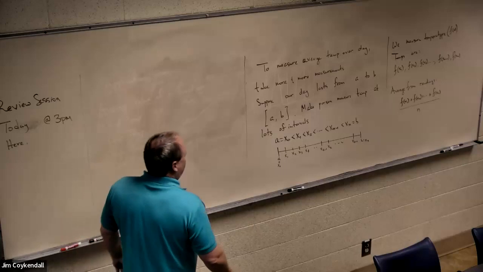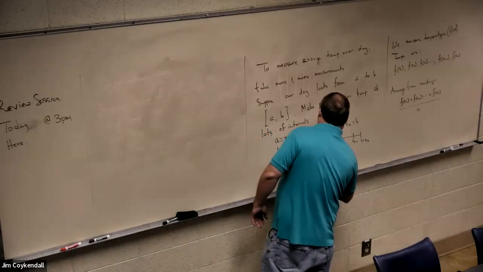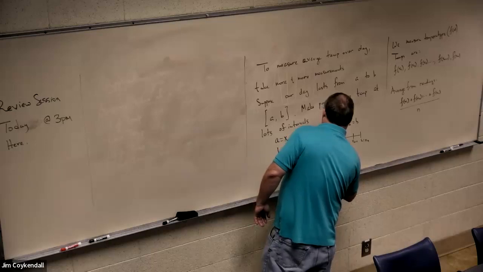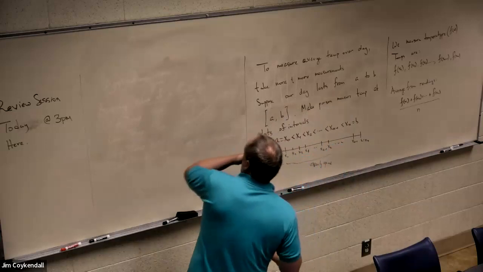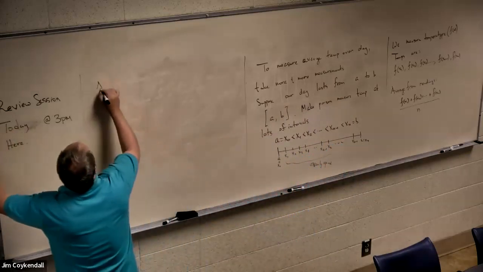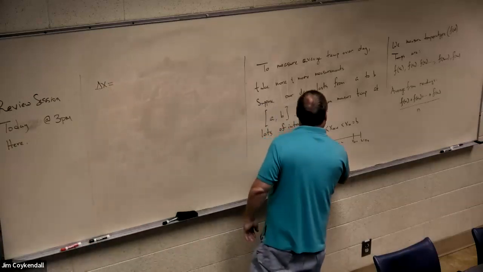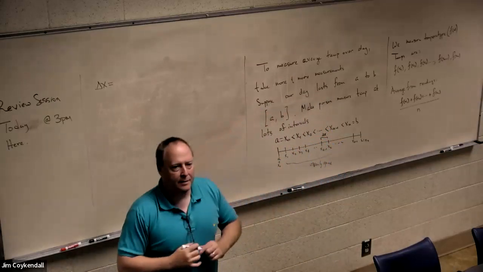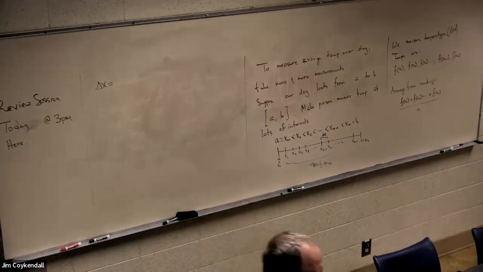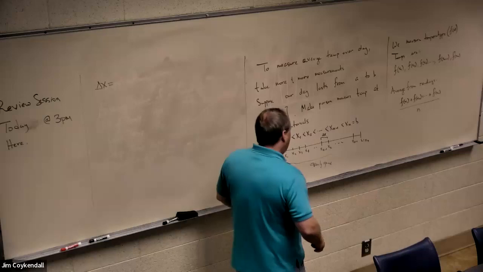So we assume these are evenly spaced. You can get around that. So each one of these widths delta x, somebody remind me what it is? Right.